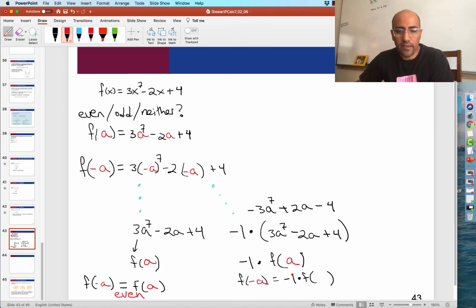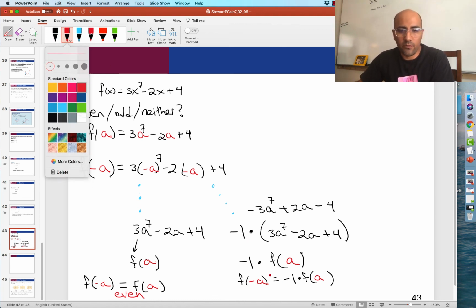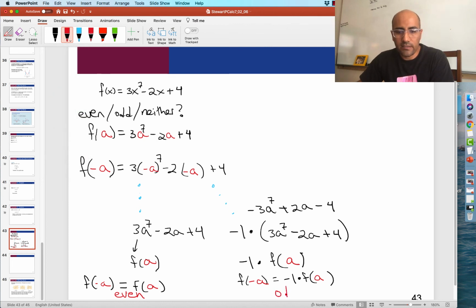If that's true, you've established that this function is odd. We've established in this case that the function is odd.